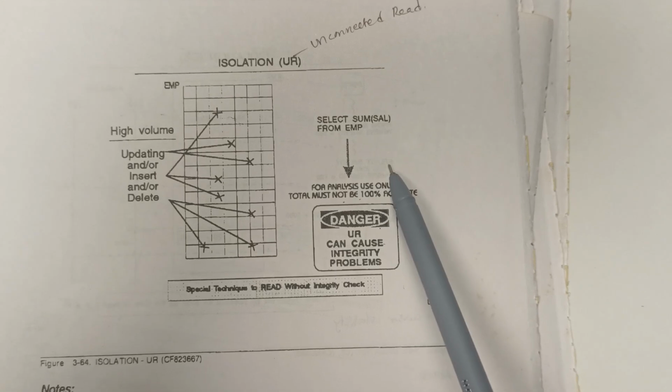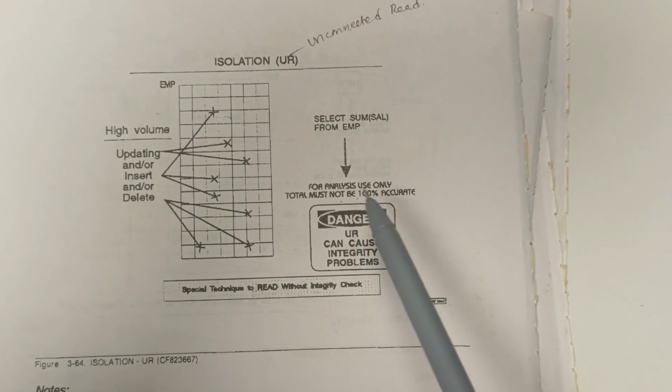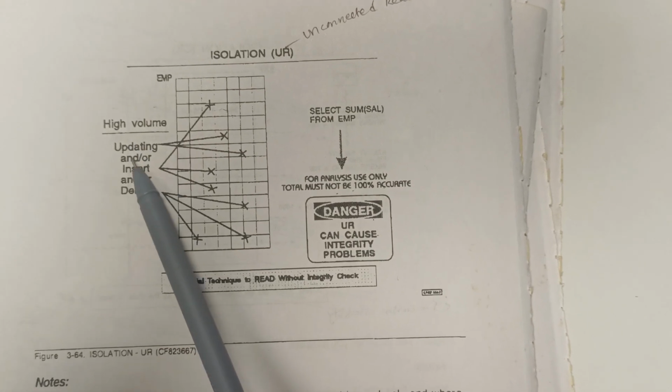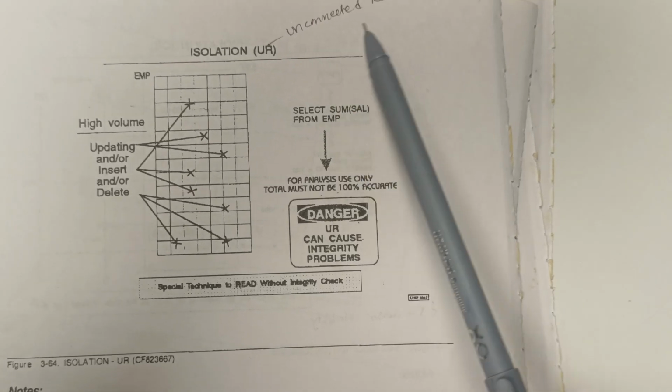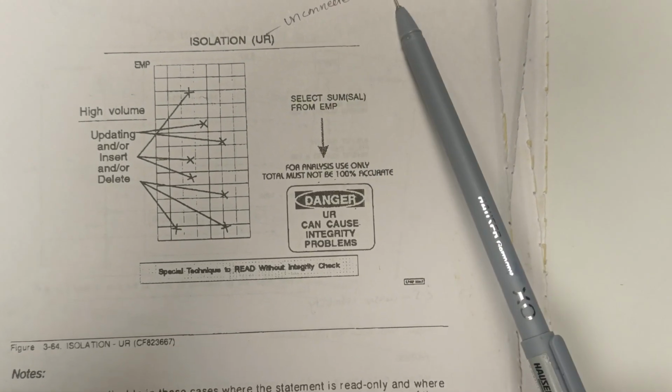You will only get the old data. Parallelly they are updating, inserting or deleting, and those changes are uncommitted data.